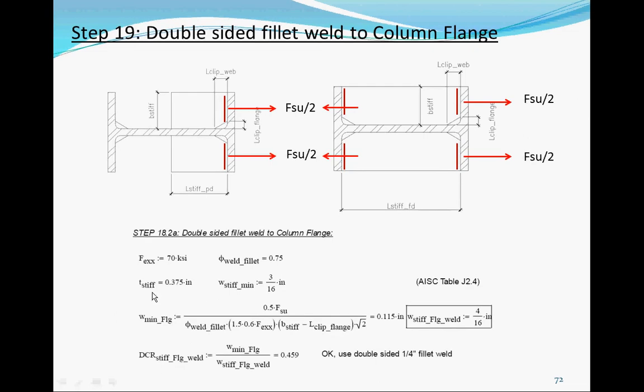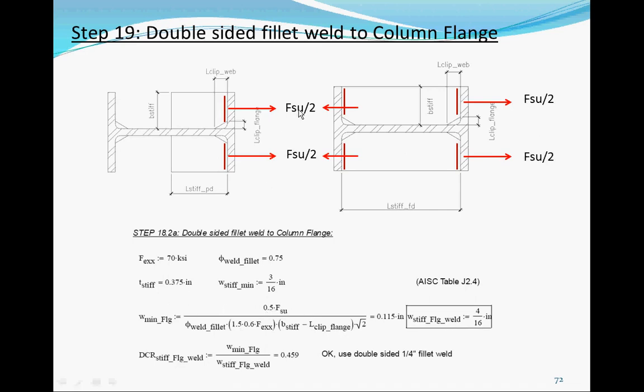The fillet weld thickness, and then again, anytime when you're welding, remember the minimum fillet weld required per J2.4. That you should always check as well, because that's the minimum requirement. And then whatever is required, then you calculate it.